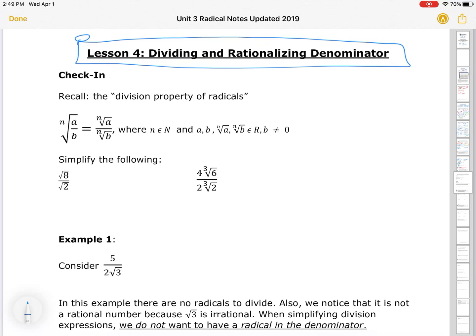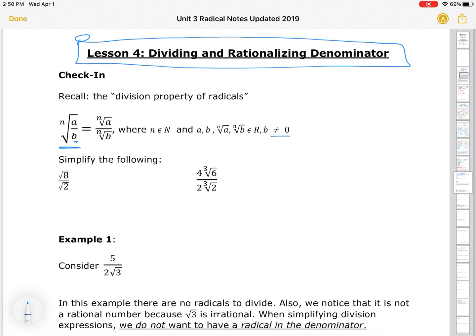So, recall the division property of radicals, similar to the multiplication property of radicals. If we have the nth root of a over b, it is equal to the nth root of a over the nth root of b, where n is a natural number and a, b, the nth root of a and the nth root of b are in the real numbers, and because we have b on the bottom of a fraction, b cannot equal 0.